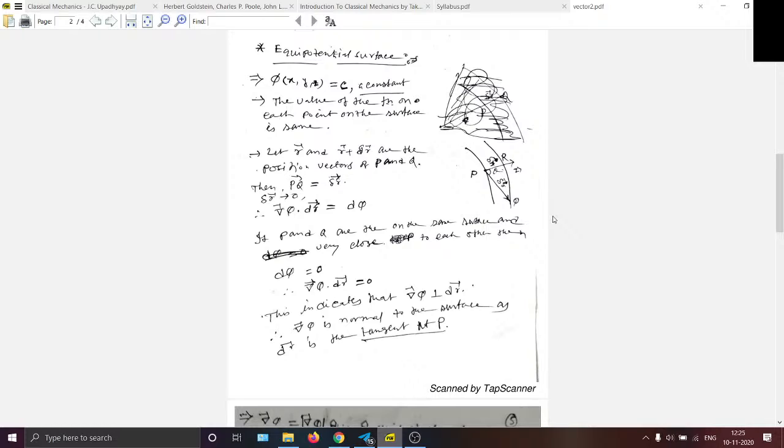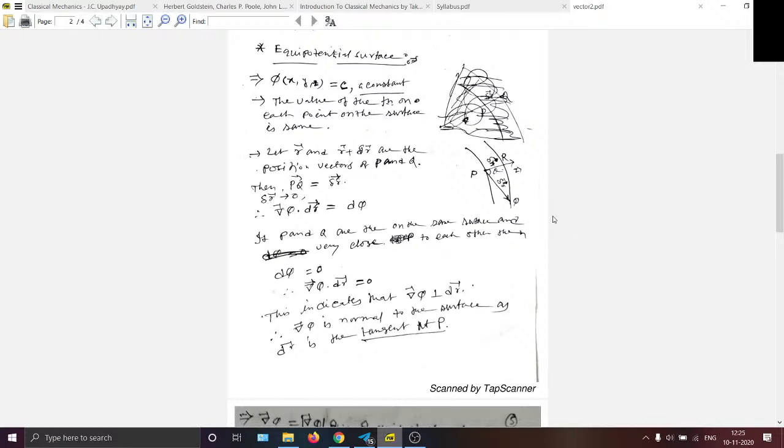P is on the surface phi equal to C, and Q is on the surface phi plus delta phi, another equipotential surface. R and R plus delta R are the position vectors of P and Q. So there are two points, one on the surface phi, and another point Q on the surface phi plus delta phi. The position vectors of P and Q are R and R plus delta R.